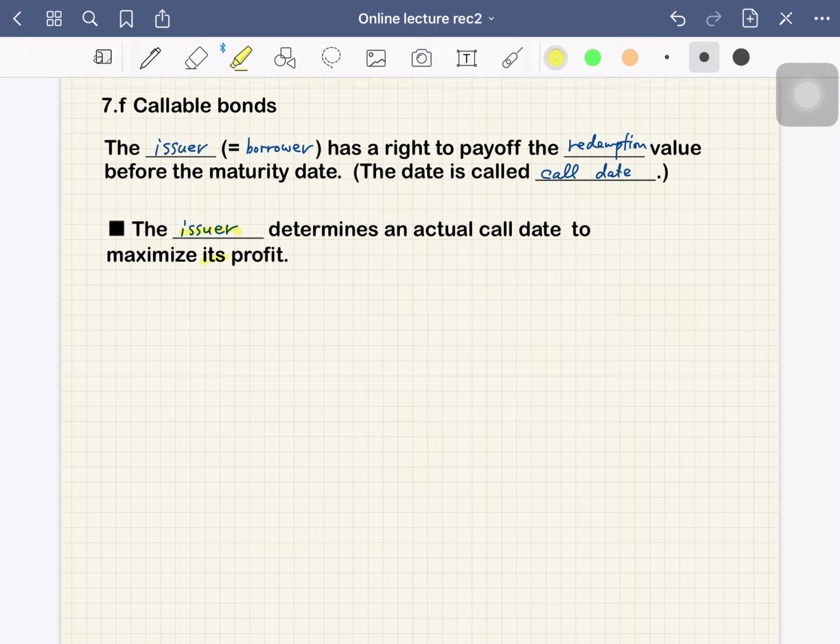In reality, the actual call date depends on the yield rate, but in this section, for simplicity, the yield rate is constant.